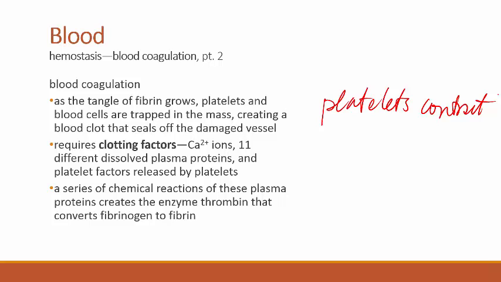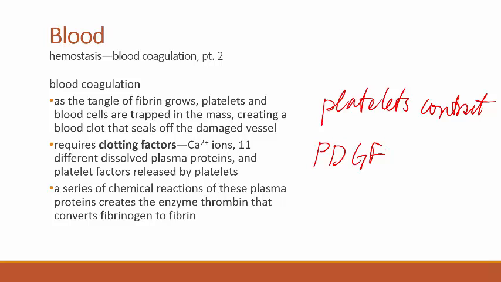There's a compound that platelets release called platelet-derived growth factor. So the abbreviation is PDGF. So we have this platelet-derived growth factor, and it actually stimulates smooth muscle cells to grow, and it stimulates fibroblasts to grow and divide and repair the damaged blood vessel.